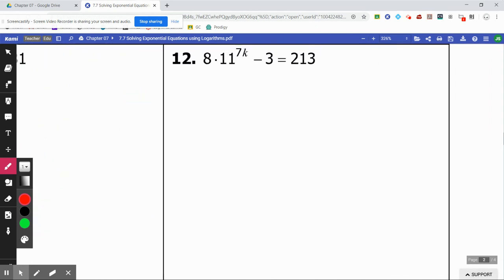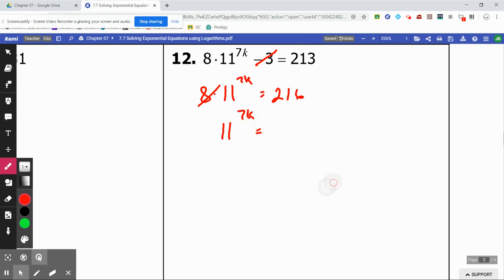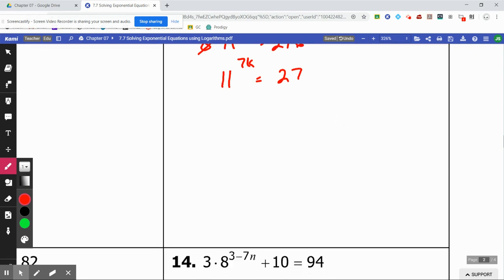Number 12. Get rid of minus 3 by adding it, gives you 8 times 11 to the 7k power equals 216. We now divide by 8, gives you 11 to the 7k is equal to 27. Rewrite it. This would be log base 11 of 27 is equal to 7k.